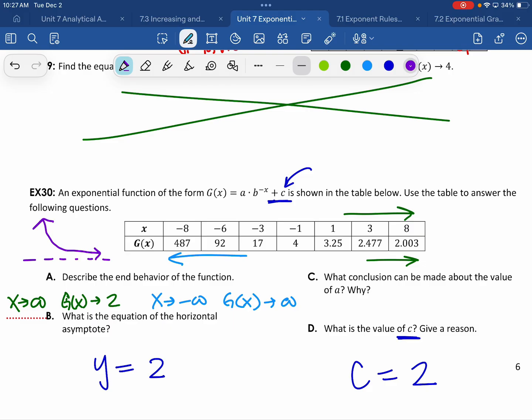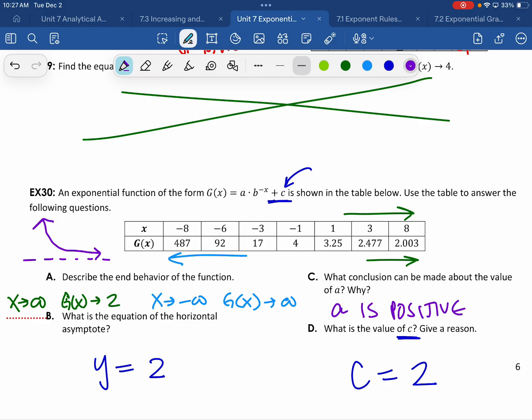Oh wait, I'm sorry, I thought it was asking about growth or decay. The a value just depends on whether you are above or below the asymptote. You're above, because your numbers are positive, bigger than 2. So what does that mean about a? It's positive. So there are some things we can pull from the table: how to find the a value, the growth and decay, and the asymptotes. Does that make sense? Is that okay?